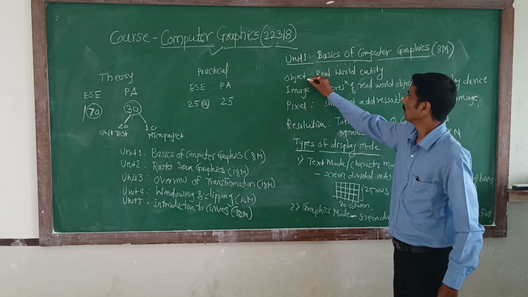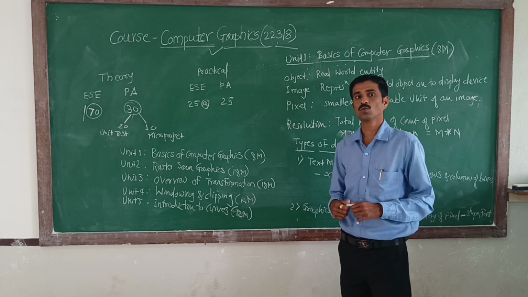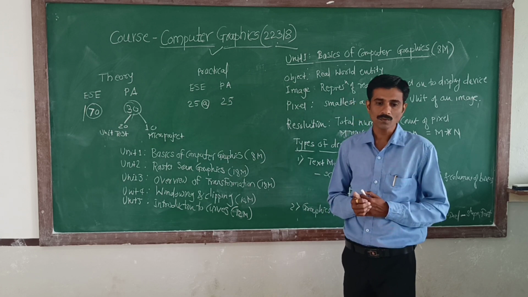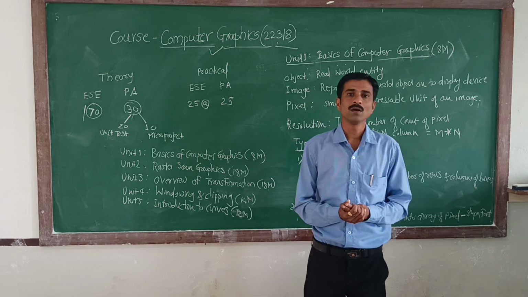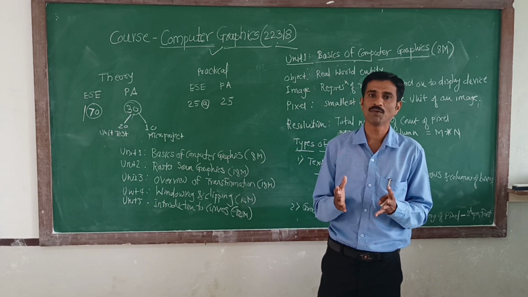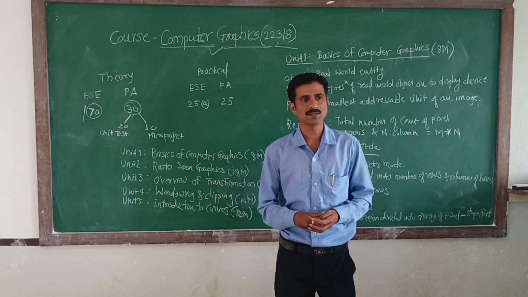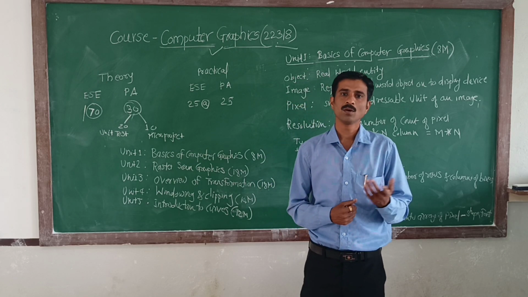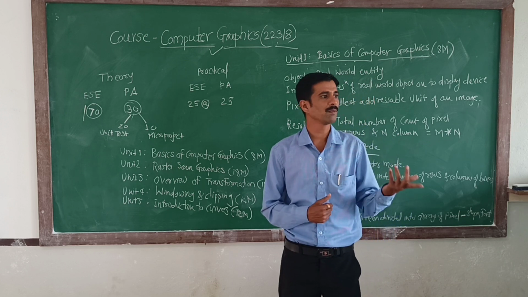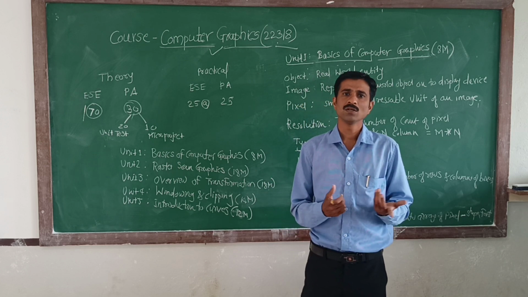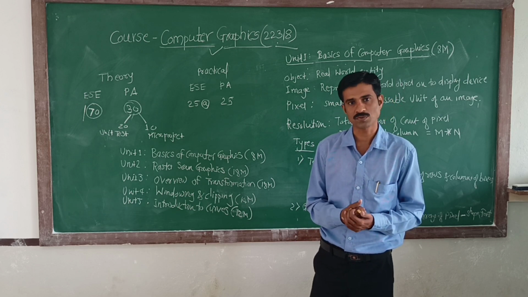First is object. So what do you mean by object? So look, object is nothing but a real world entity. It may be a tree, it may be a flower, it may be a mountain. So any real world entity is called an object.